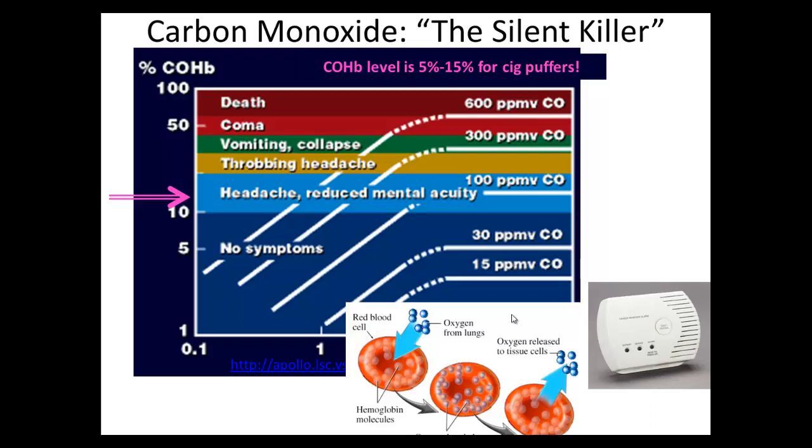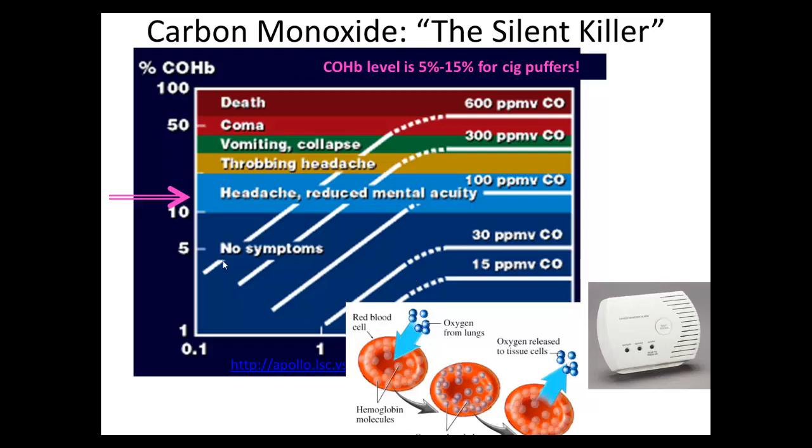The problem with carbon monoxide is it will bind to the hemoglobin stronger than the oxygen. So it will bind stronger and longer. If you're breathing in a lot of carbon monoxide, at some point you could potentially have more carbon monoxide running through your blood than you do oxygen.